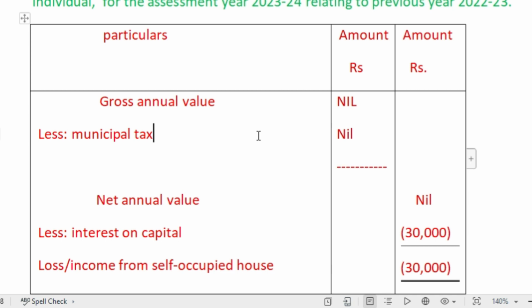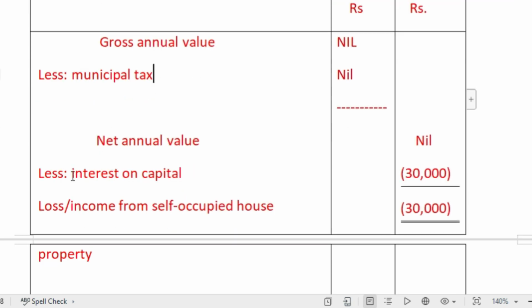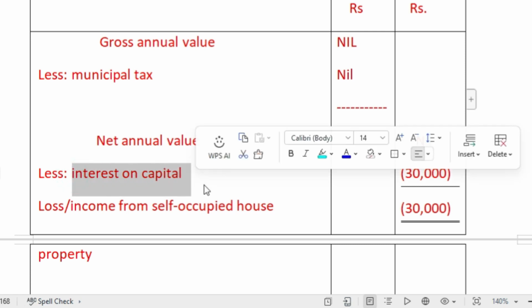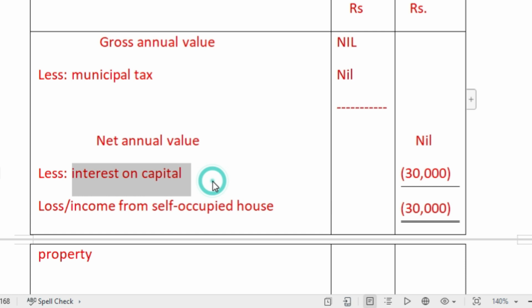Only one amount is eligible for deduction, that is interest on capital. Interest on loan taken for construction of the house, rupees 50,000, is given. That means interest on loan paid is rupees 50,000. But in the bracket it is given that the loan was taken on 1/4/1997.